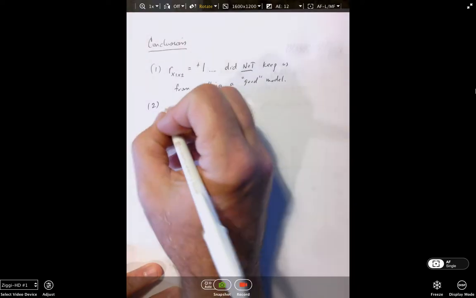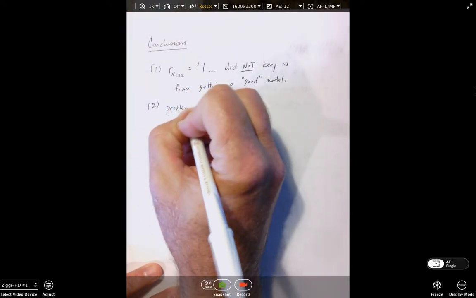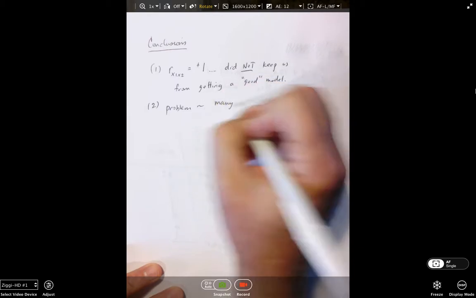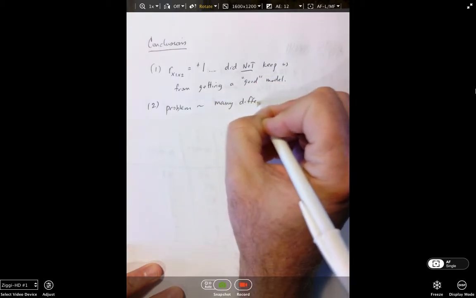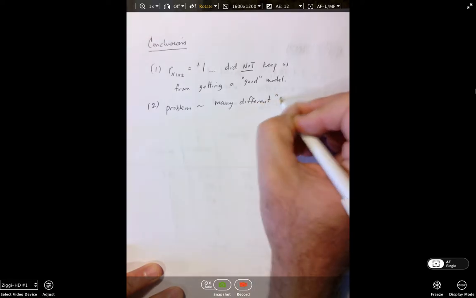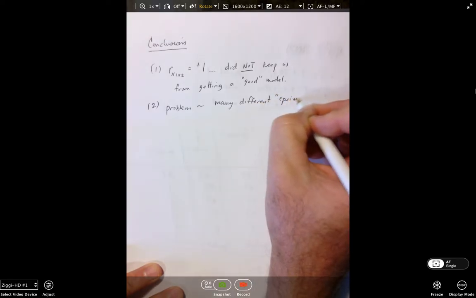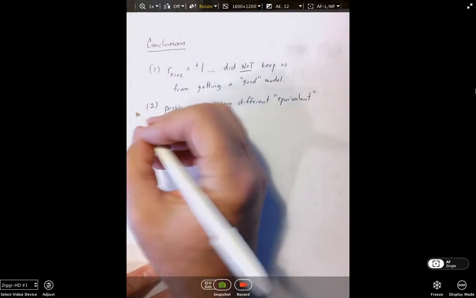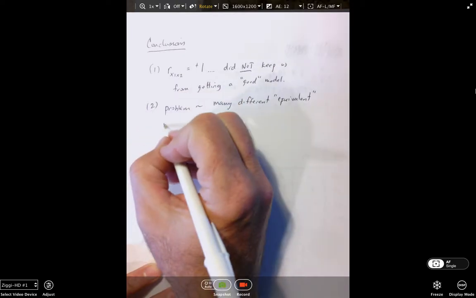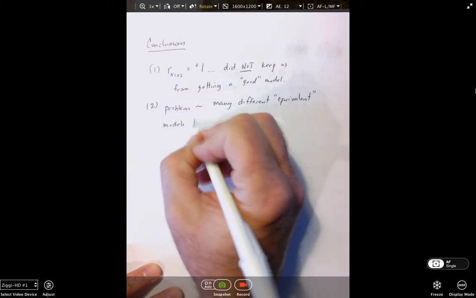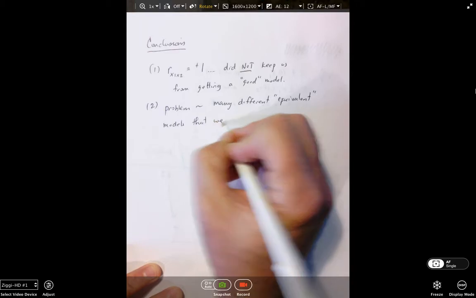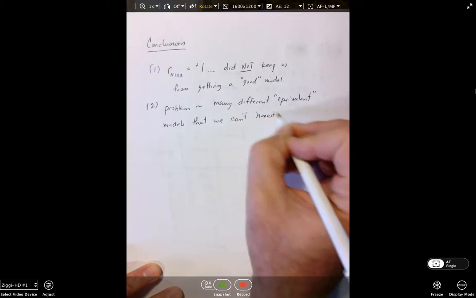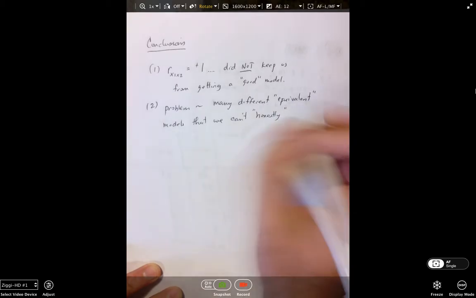The problem is we had many different equivalent models that we can't honestly interpret.